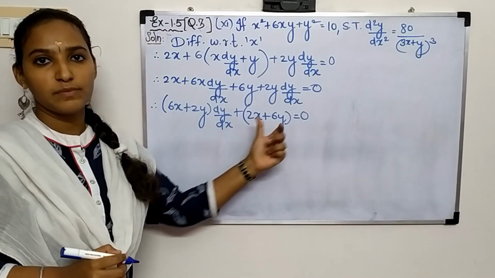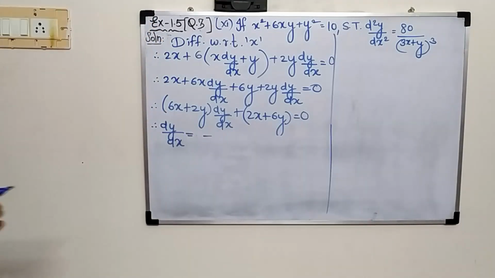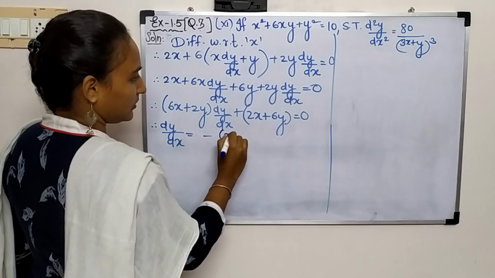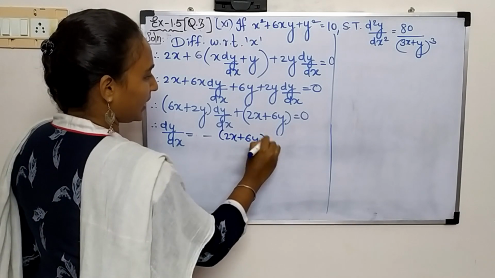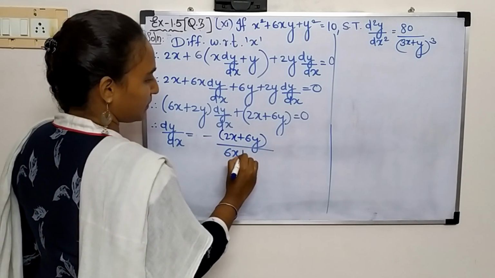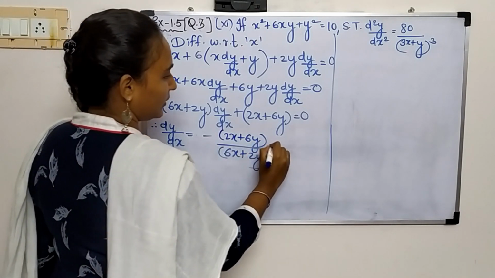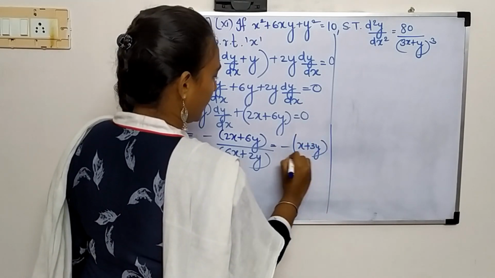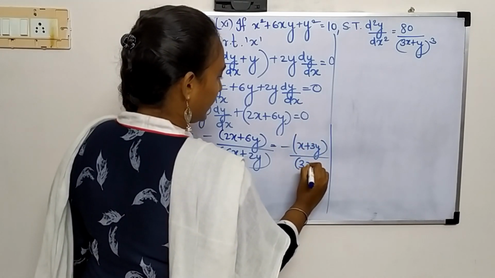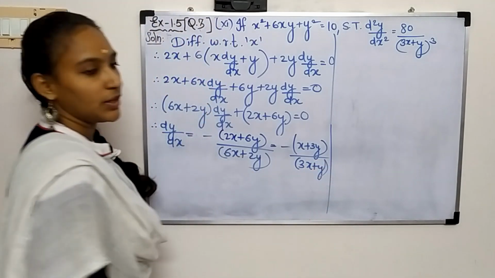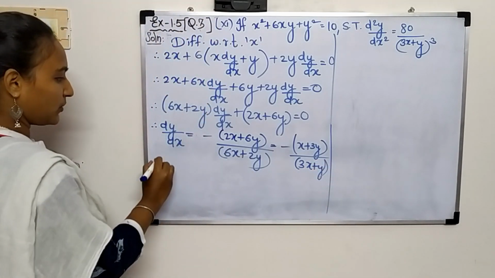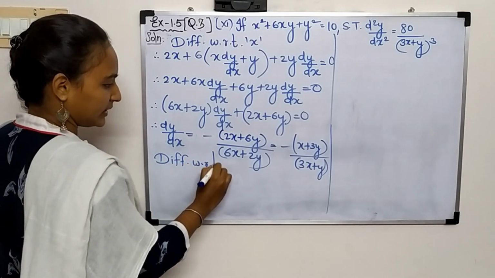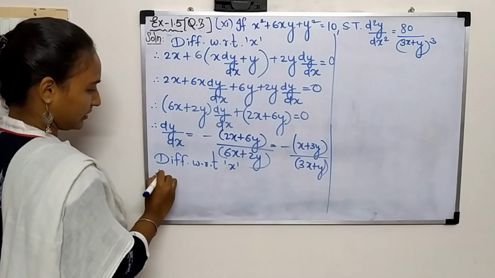Take the bracket terms to the RHS. Okay, dy by dx is equal to minus (2x plus 6y) upon (6x plus 2y). Take 2 common. So minus (x plus 3y) upon (3x plus y). Now differentiate again with respect to x.